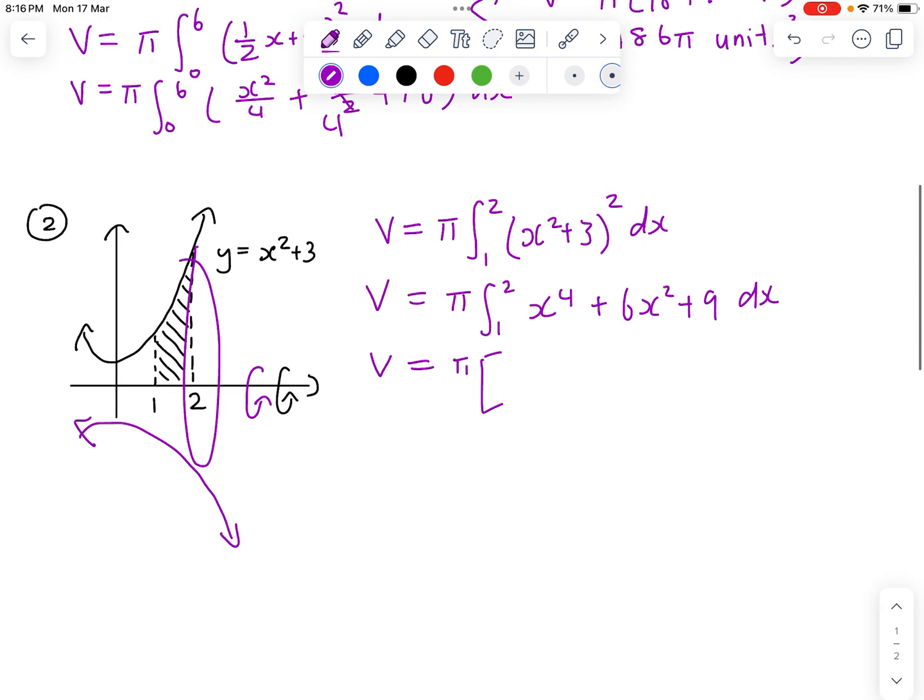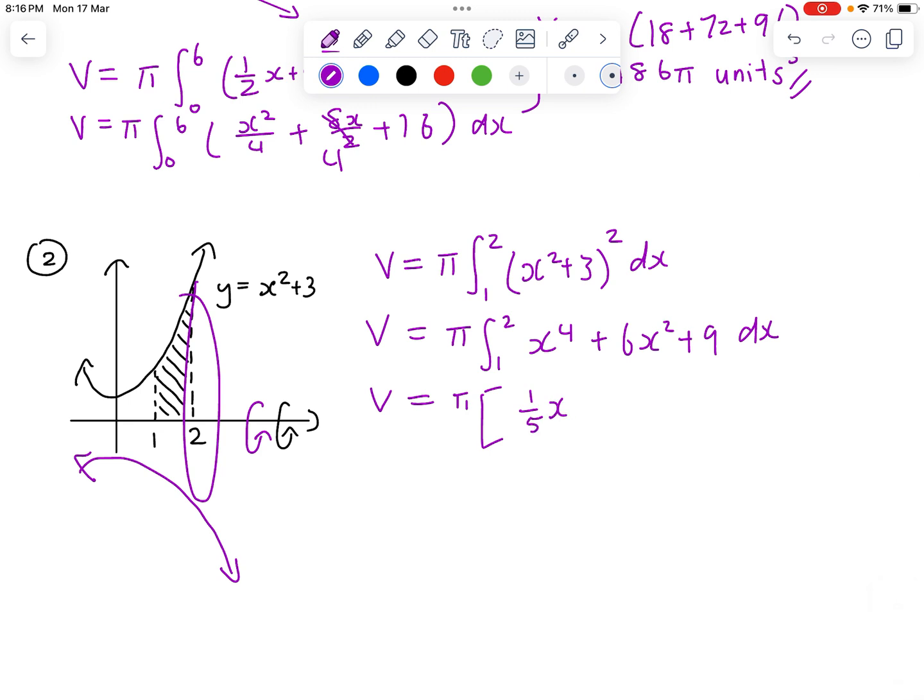So I get 1 over 5 x to the power 5 plus x cubed, since 6 divided by 3 is 2, plus 9x. My next step is to plug in 2. If I plug in 2, I get 32 over 5 plus 16 plus 18.